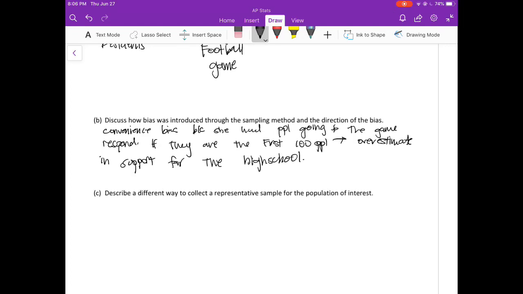If you're one of the first 100 people to a game, it's more likely because you support that team than not supporting that team.